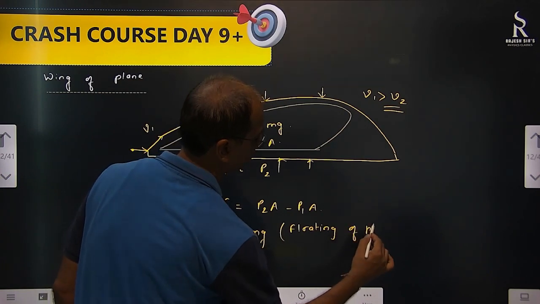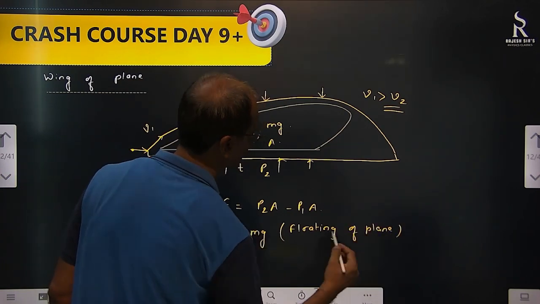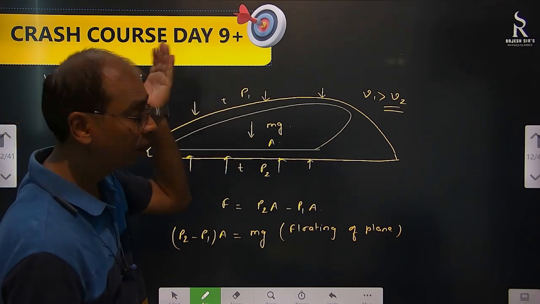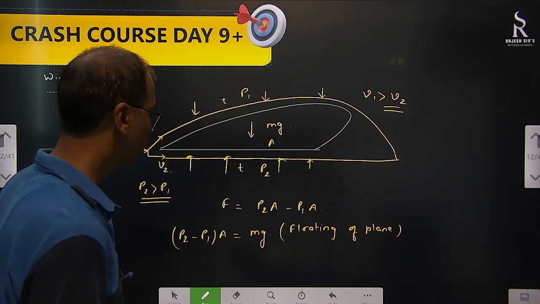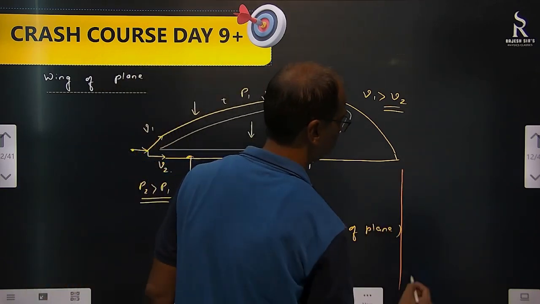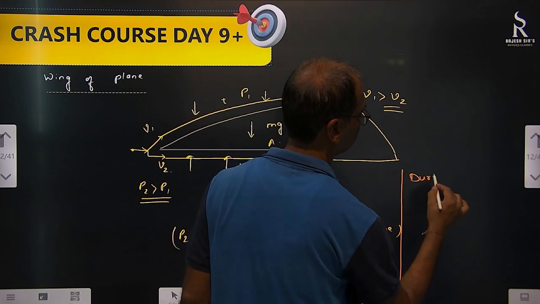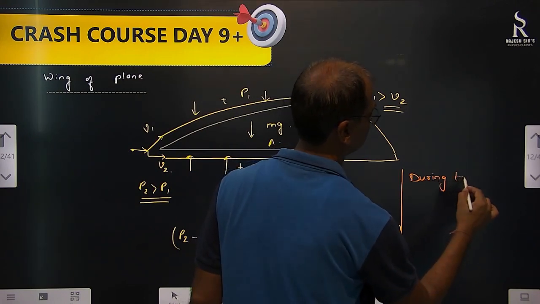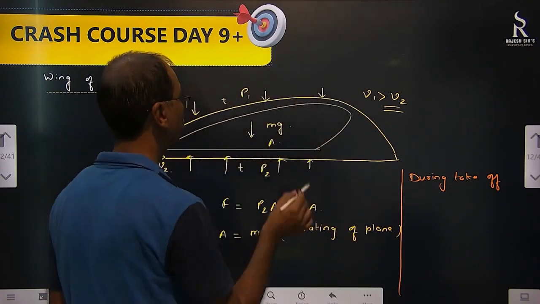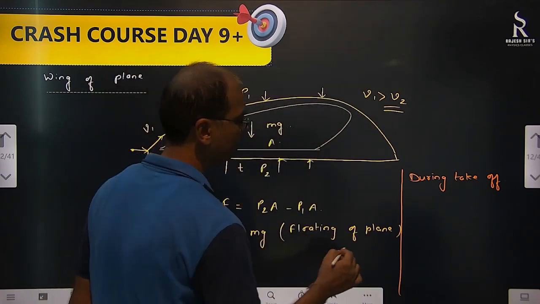But if suppose you have to take off, now in take off you have to create more difference in velocities so that you can lift it up with acceleration a. During takeoff, what will be the condition? Now you have to go up with the acceleration a. So what we'll say?